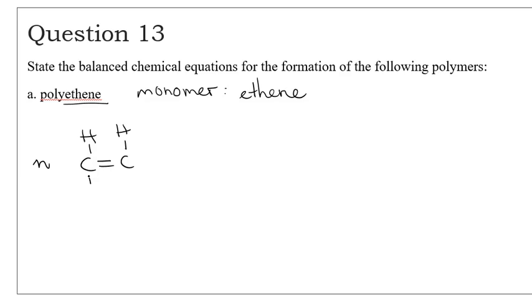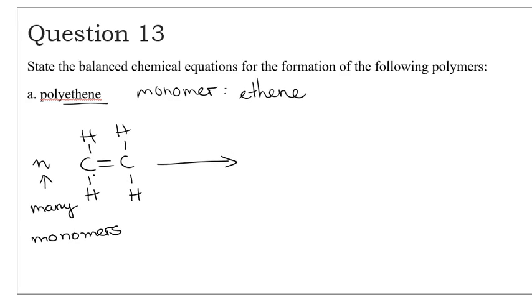Once again, as I just said in question 12, you want to make sure that when you write a polymer, and you don't have to do this for the monomer, but it's a good idea, only the C=C double bond is in the backbone, the main chain, and everything else is lifted either up or down, because that's how it's going to look in the polymer. You also want to write n at the start, just to indicate that you have many of the monomer and not just one.